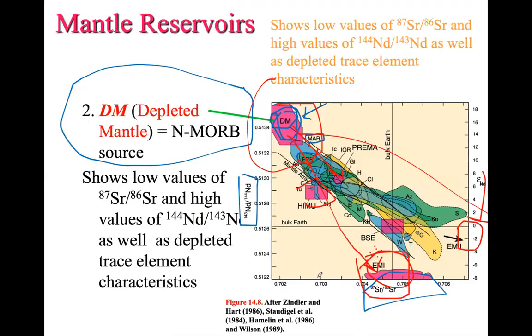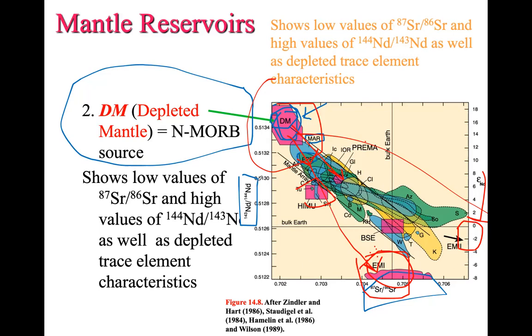The other one is the depleted mantle, which is the upper part of the mantle. We have already discussed the uppermost part of the mantle, the depleted mantle, which forms the MORB basalts. You can remember the neodymium difference, strontium difference, isotopic difference.